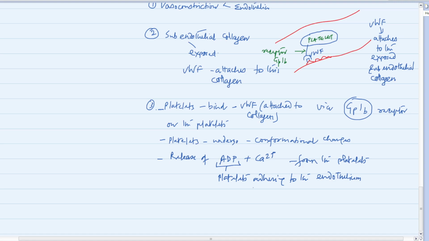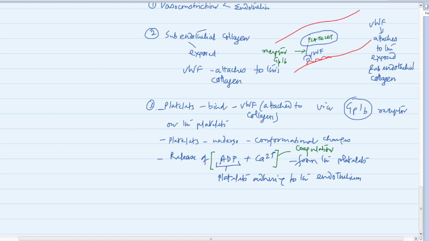They begin to adhere to the endothelium. To remember this, we need to remember that ADP and calcium are needed for coagulation as well. So that's a downstream event happening.